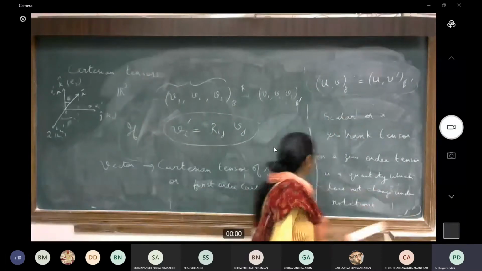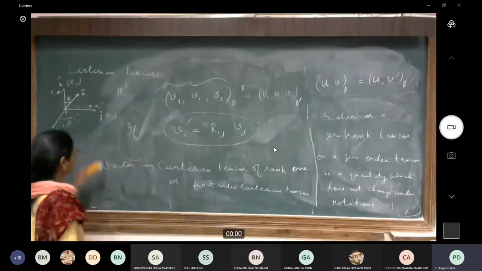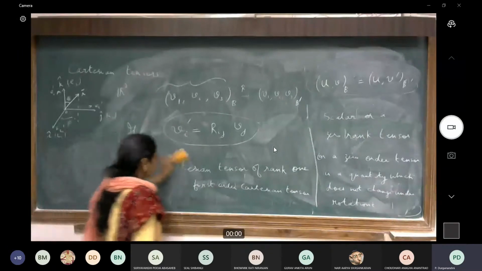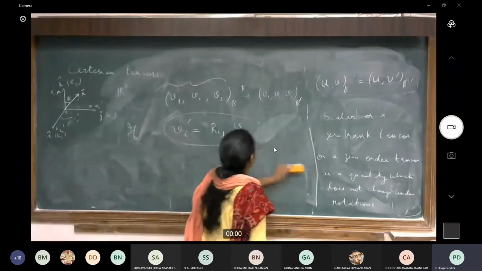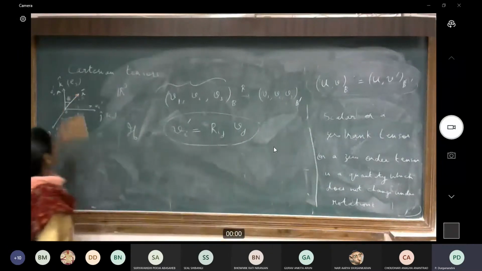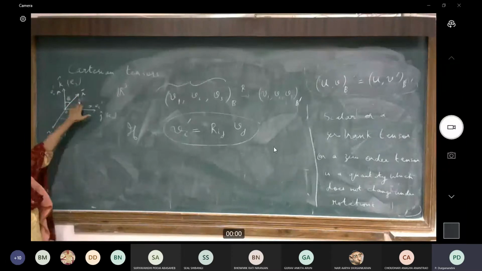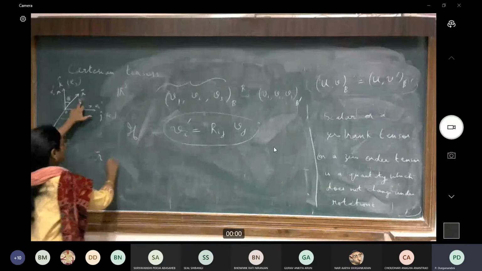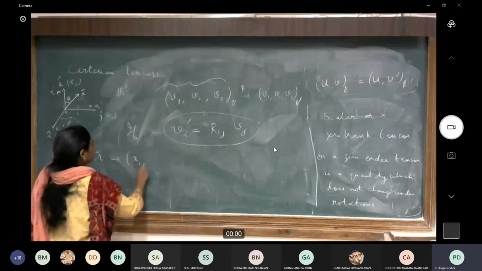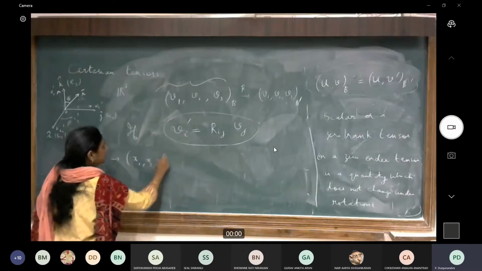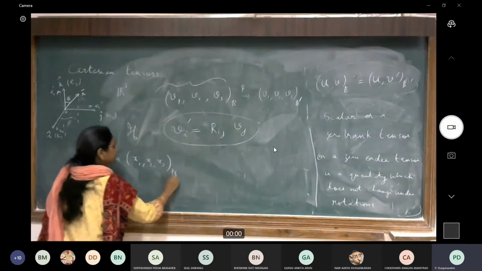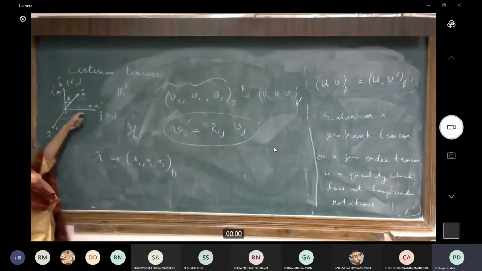Okay. Do we have an example of a first order tensor or a first order vector? So the most obvious example is of course our position vector itself. So if I go to R3, my three-dimensional space, and look at the position vector R, you know that the components are x1, x2, x3 with respect to basis B, that is, with respect to e1, e2, e3.